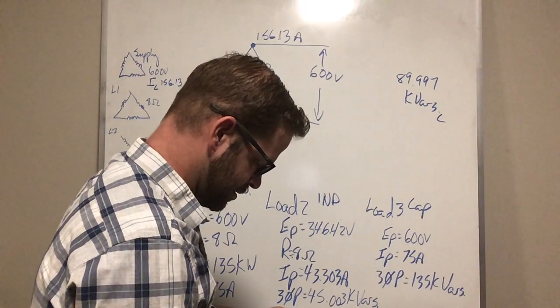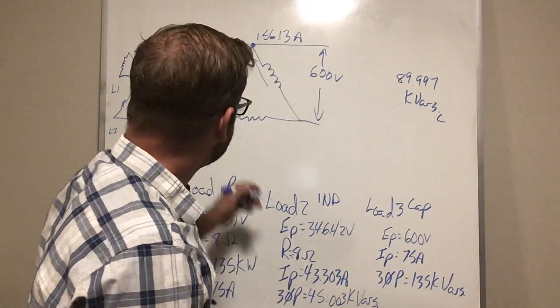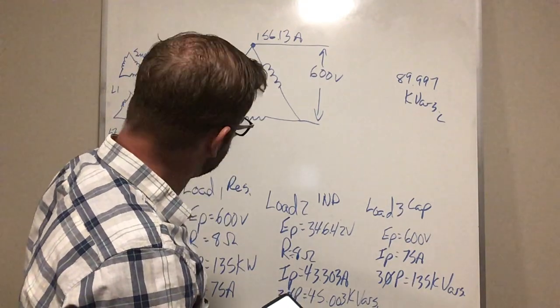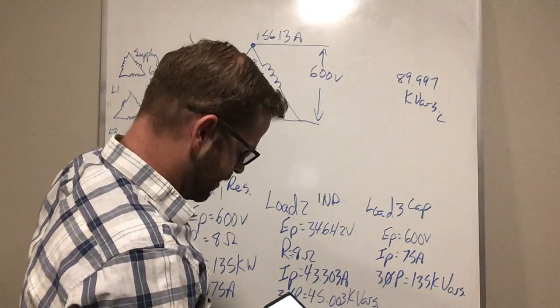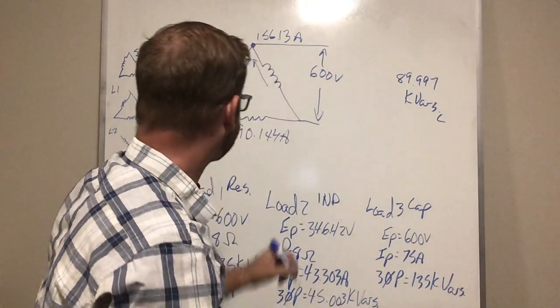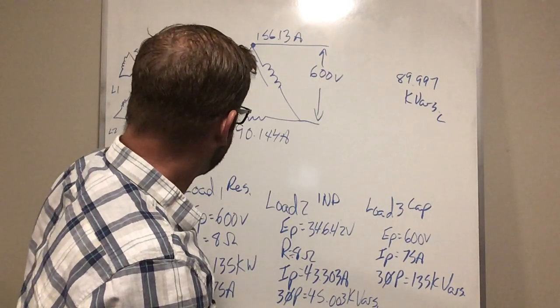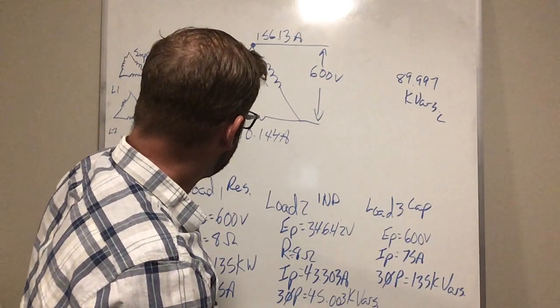156.13 divided by 1.732 gives us a phase current of 90.144 amps. So we have an I phase of that.